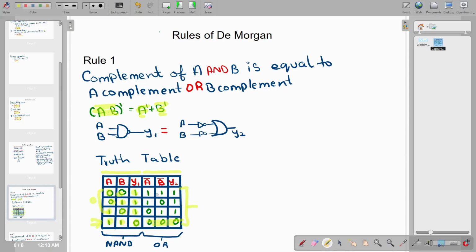If any one input is 1 in the input stage, the output will be 1. So as you can see here, when the input is 1 1, the output will be 1. When the input is 1 0, the output will be 1. When the input is 0 1, the output will be 1. This part of the block diagram, the truth table, does the OR operation.